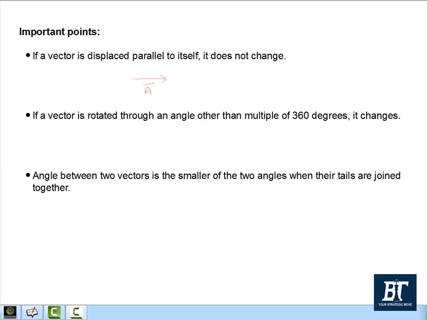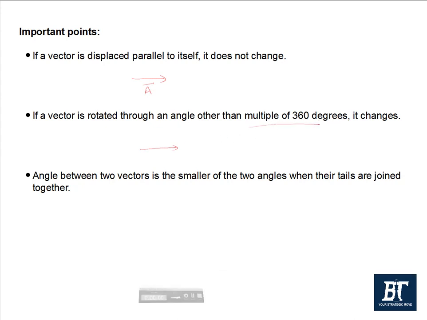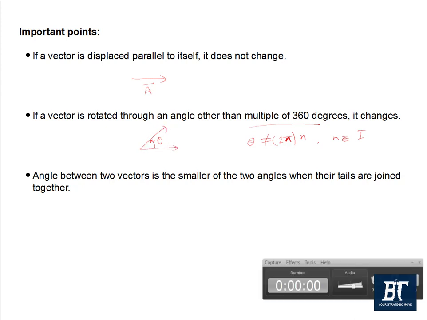Next important point is that we cannot rotate any vector by an angle other than a multiple of 360 degrees. Because if we rotate any vector by an angle theta, which is not a multiple of 2 pi n, where n is an integer, the direction of this vector will be different than the direction of the original vector, and this will be a completely different vector.